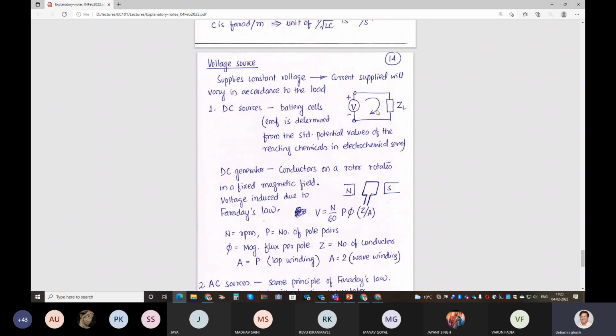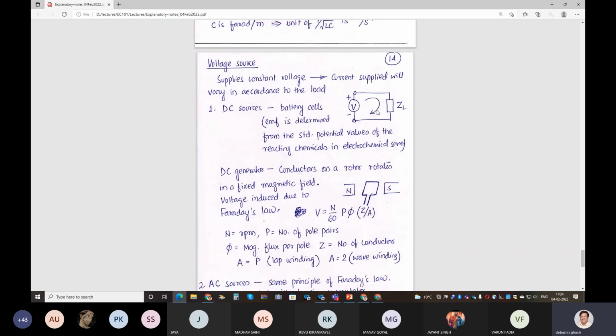In the electrochemical series, we can find their standard potential values, the difference in them, and accordingly what EMF will be generated due to the cathode and anode in that battery. You have studied this in your class 12 chemistry, calculating EMF generated whenever there is a reduction oxidation, redox reaction, with one cathode and one anode. So you can always find out the potential that develops across the cathode and anode.